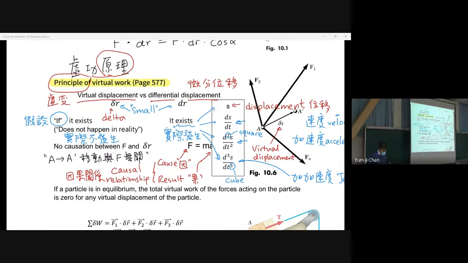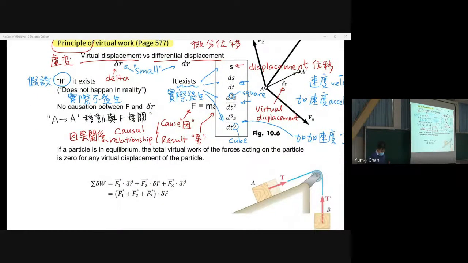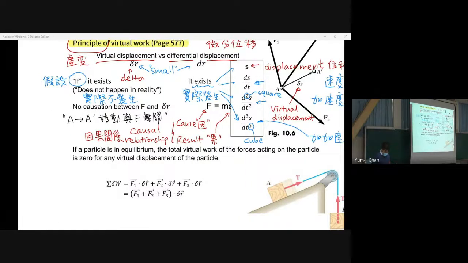Now, nevertheless, if we have a force F and we have a displacement delta R, we can calculate a work, right? This is called virtual work.